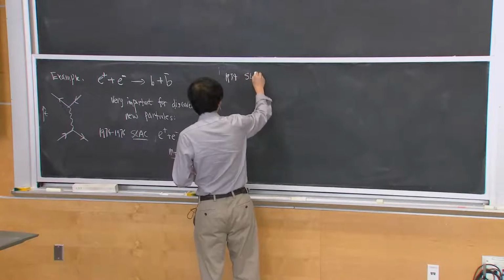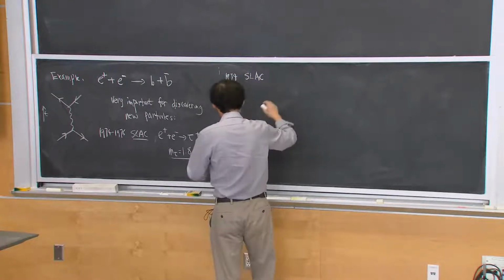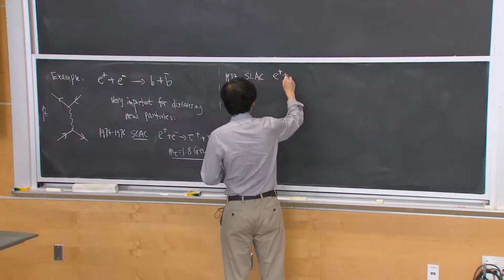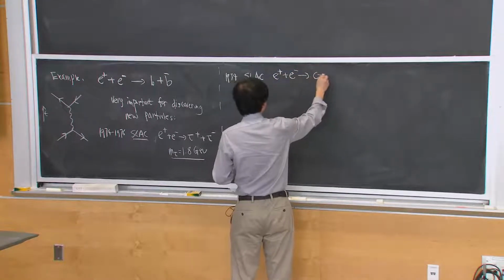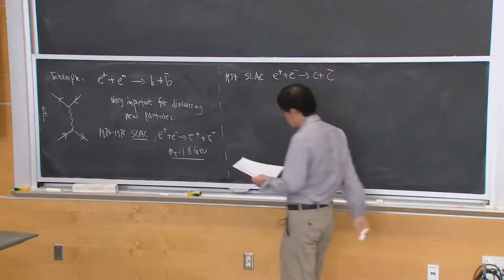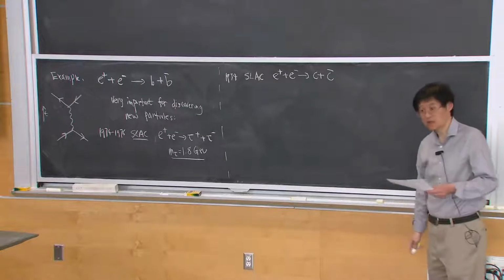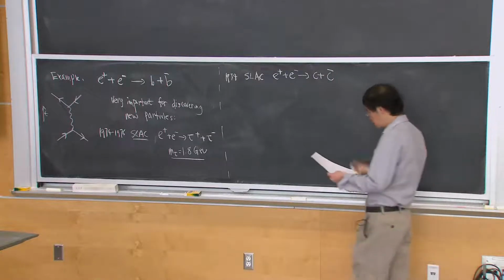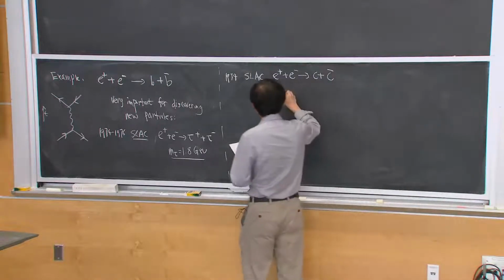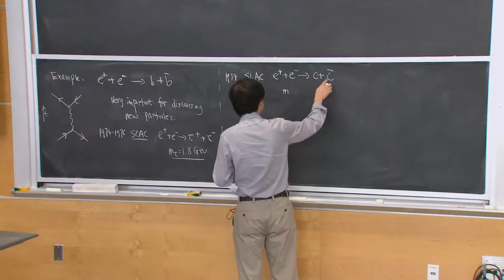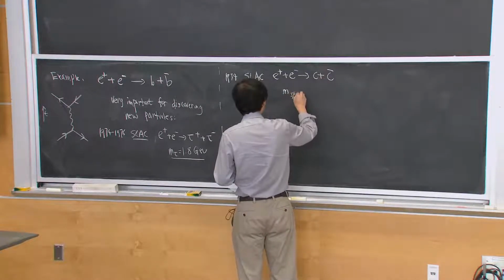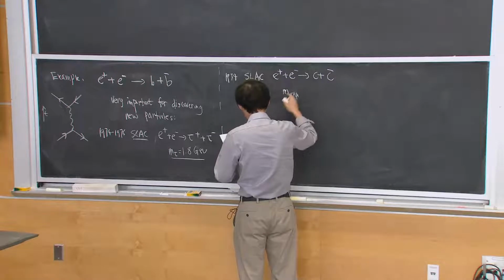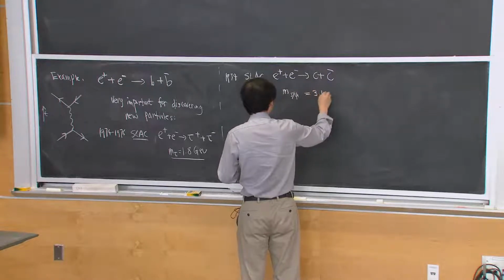Another example is in 1974, again at SLAC, e+ e- goes to c c bar, where c is the charm quark. What they observed is the bound state of the c c bar called J/psi, and the mass of the J/psi is about 3.1 GeV.